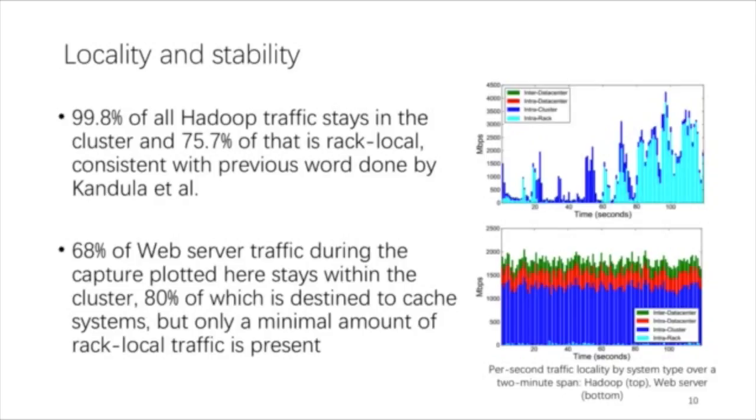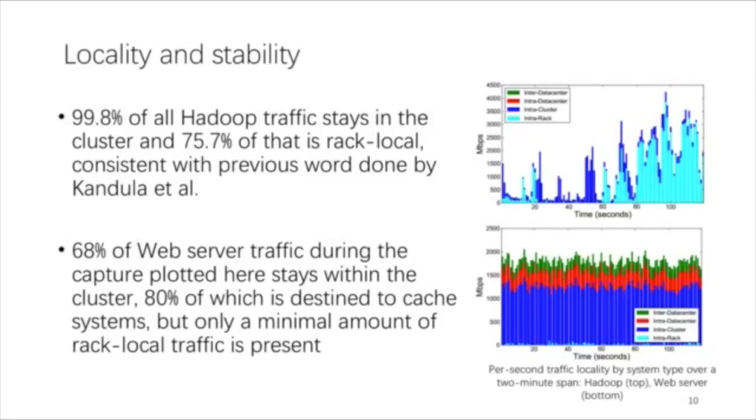That means intra-rack and intra-cluster altogether are 99.8%, and 75.7% of that is rack local. That means you can see the light blue part is for intra-rack traffic.